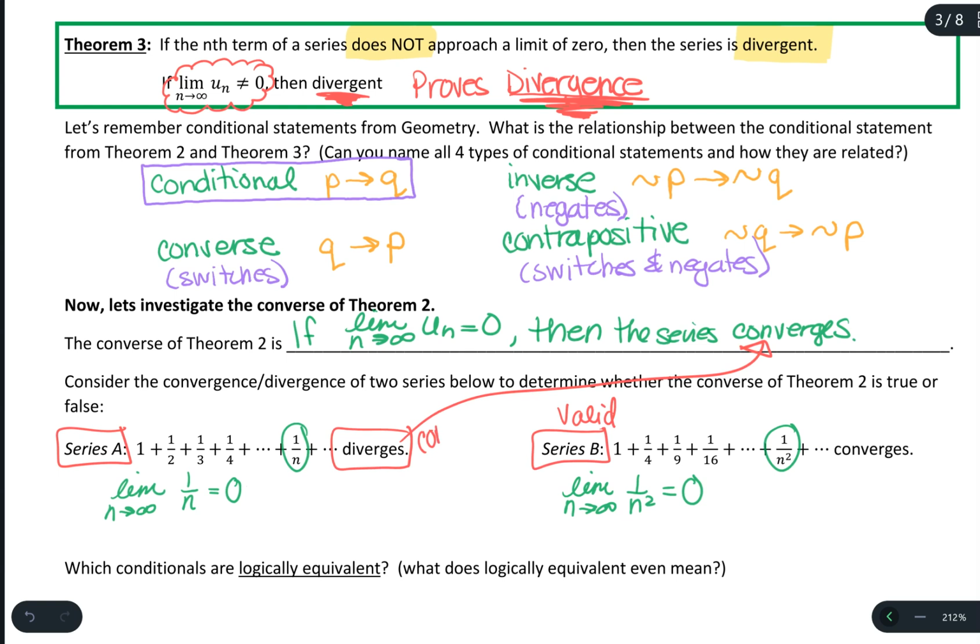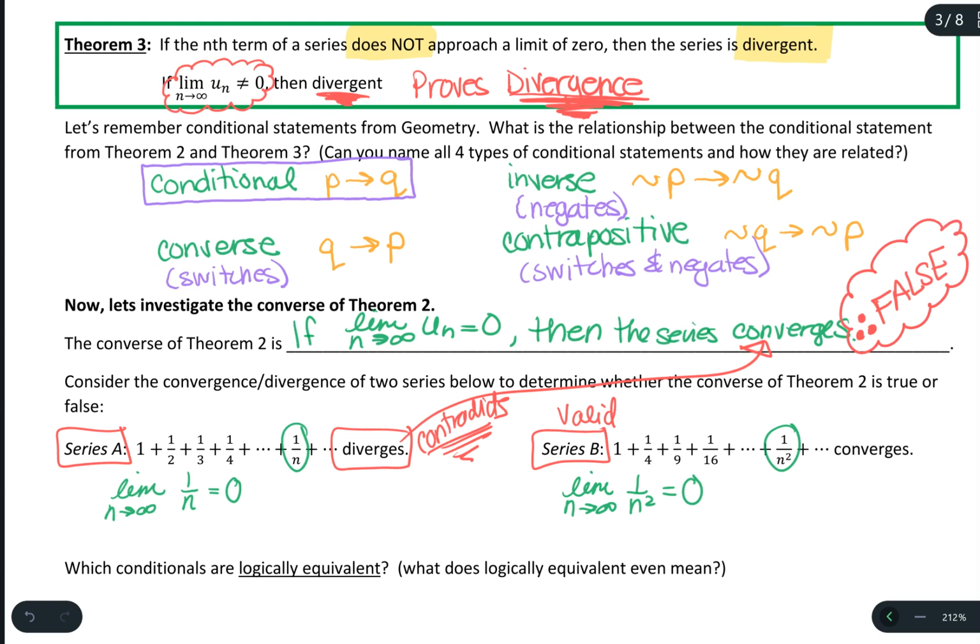So this contradicts here. So if you have one time where it contradicts, what do you have to say about the truth value of the converse of the theorem? It's not true. So that means that, because of that contradiction, put a little therefore, this is false.